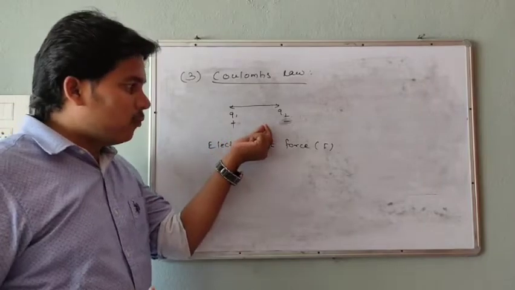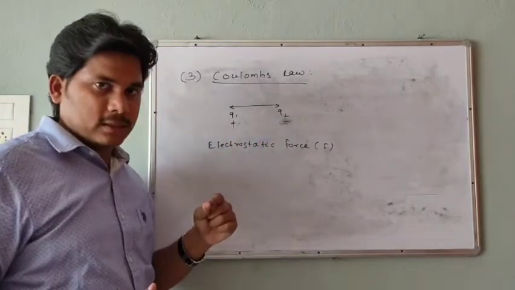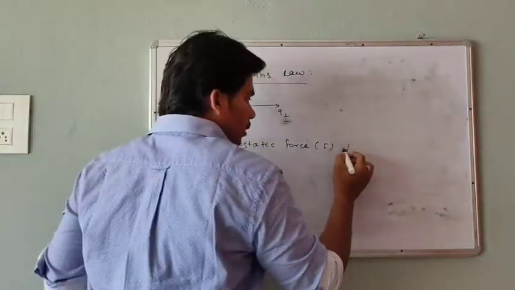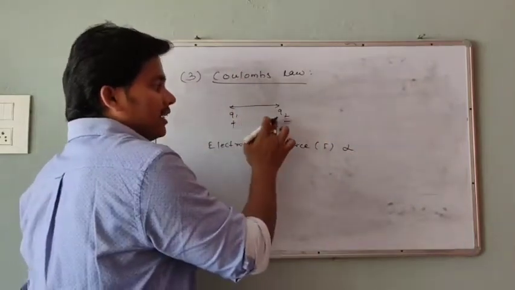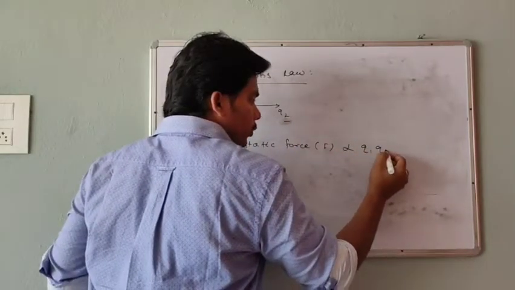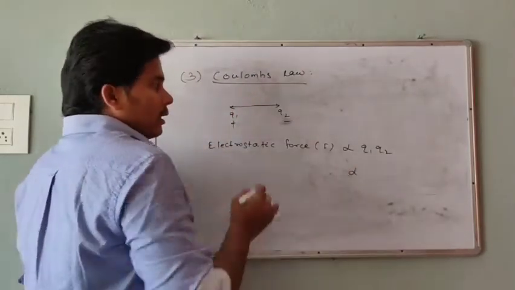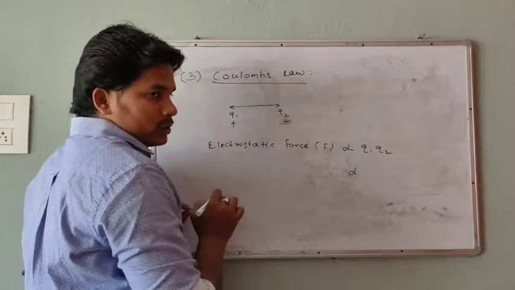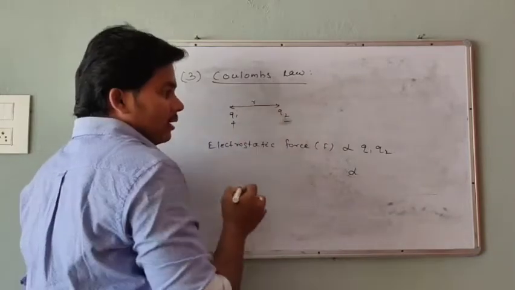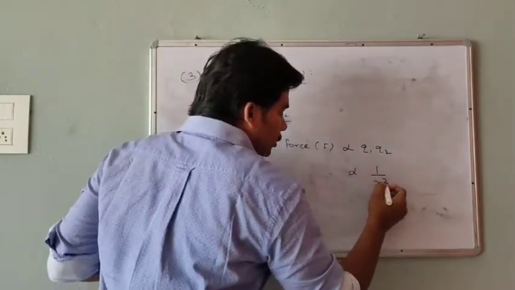This electrostatic force of attraction or repulsion is directly proportional to the product of their charges, Q1 into Q2, and inversely proportional to the square of the distance between the two charges. Let the distance be r, then this will be 1 by r square.